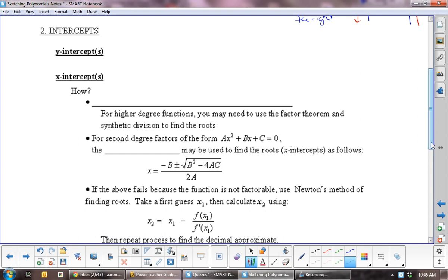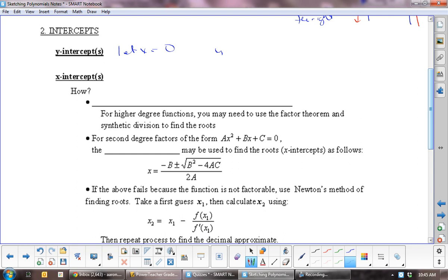Next, intercepts. Okay, this you have done a lot in 20 and 30. Now the y-intercept, easiest thing to find is you let x equal 0. And these are pretty fast, right?